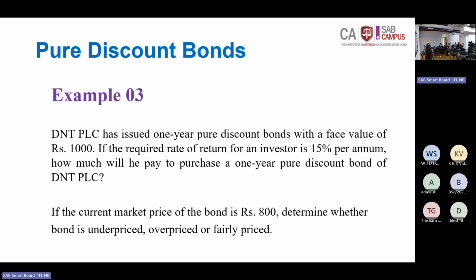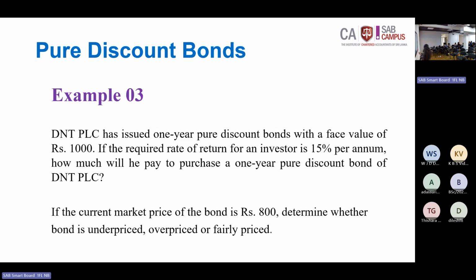Required rate of return for the investor is 15% per annum. How much will he pay to purchase the 1 year pure discount bond of DNT PhD? When you are doing the calculation for the bond valuation, from last week onward, I asked you to first name the items and then go to the question. Just identify what is R, what is I, what is the coupon payment, and write down those things first.